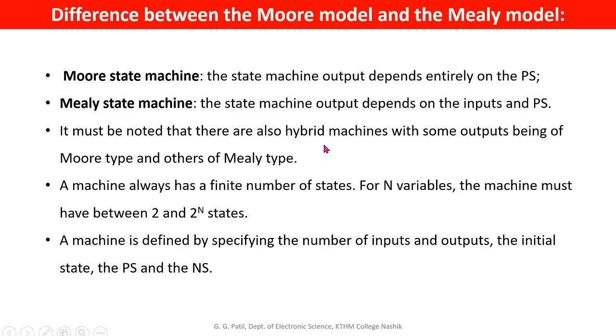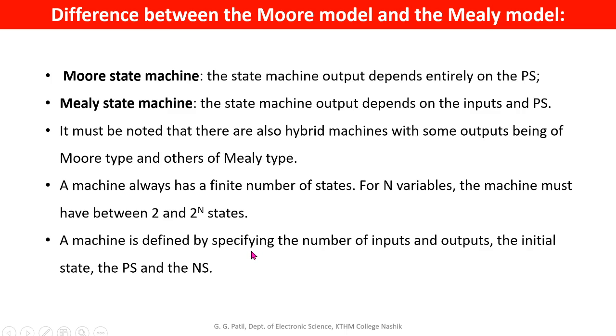A machine always has a finite number of states. Therefore, they are known as finite state machines. For n state variables, the machine must have two raised to n states. If the number of variables is n, then the relation between number of states and number of state variables is given by 2 raised to n.